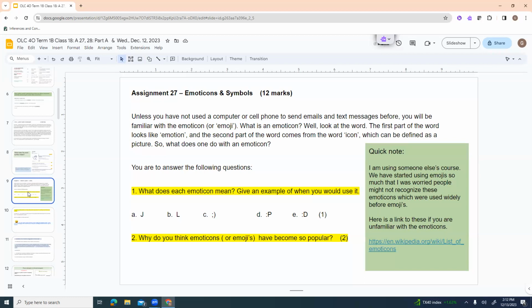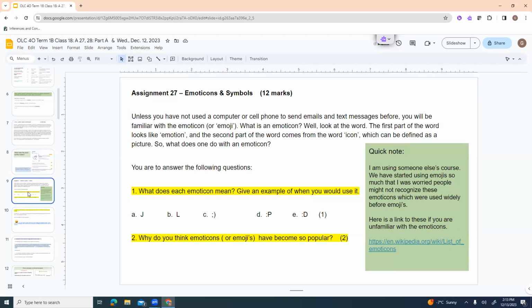These days, they've been transformed into actual visual emojis instead. So if you're on the younger side, unlike me, you might not recognize some of these emoticons. If that's the case, go to Wikipedia and search list of emoticons, and it will pull them up and tell you what they mean, okay?